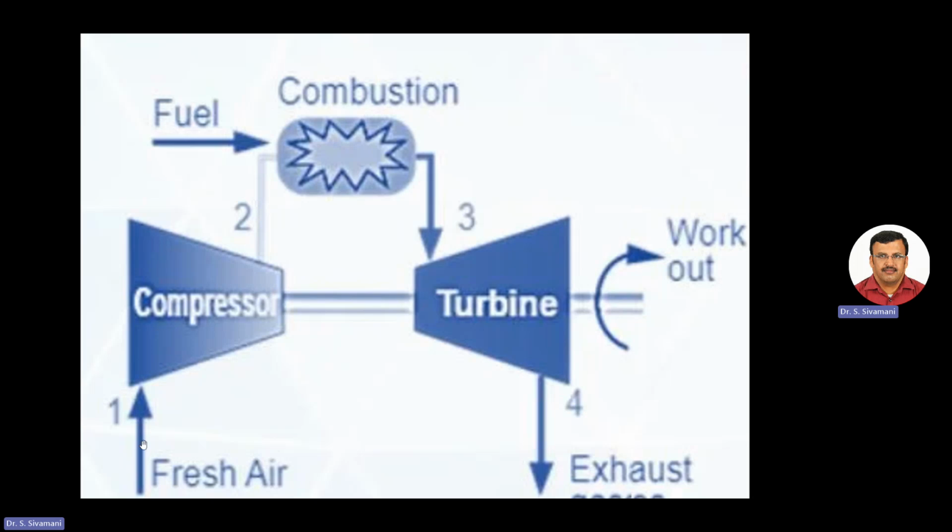Here the Brayton cycle starts at stream 1, in which fresh air enters at atmospheric temperature and pressure, and it is compressed in a multi-stage axial flow compressor where the pressure and temperature are increased, and it is sent to the combustion chamber.